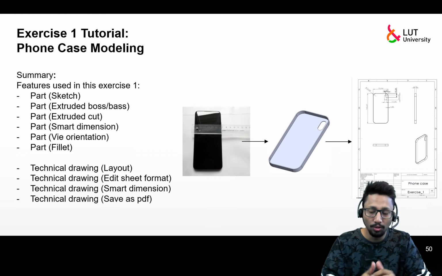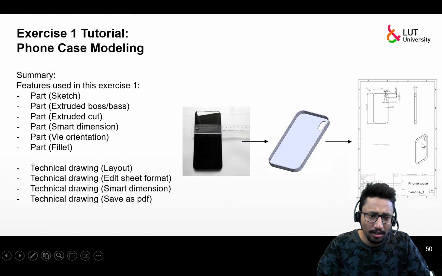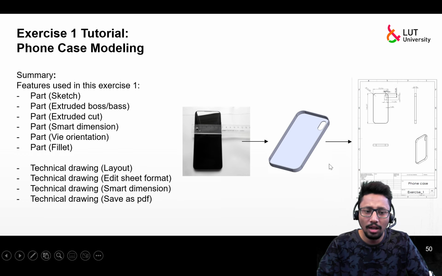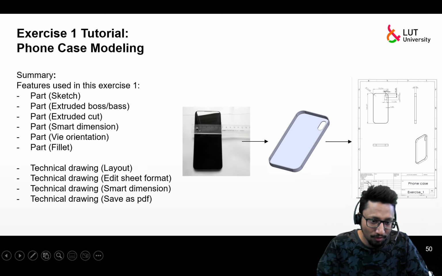Very good. Then we generated a technical drawing of this particular 3D CAD model, and in making the technical drawing we learned about what kind of layout we can use, how we can put different views into this particular sheet. Then obviously we also edited the sheet format, and when we edited the sheet format we provided different details of it.